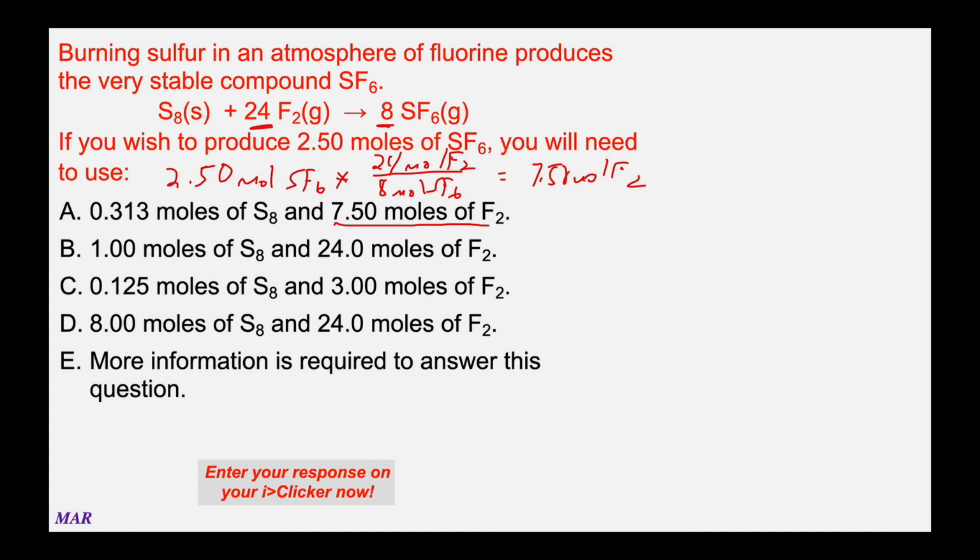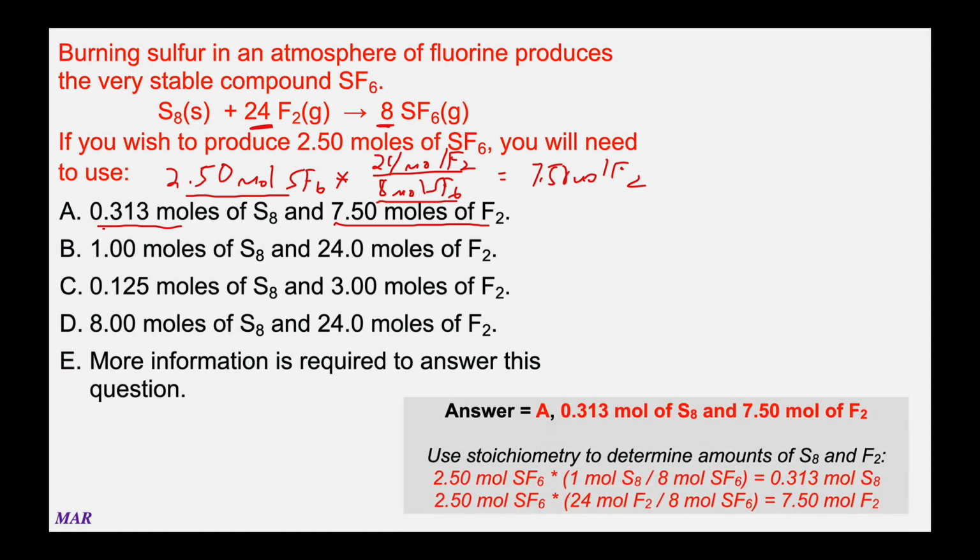Now, this number, 0.313, you should be able to get. You'd start with 2.50 moles of SF6. You'd still have 8 moles of SF6 on the bottom, but in the top, you would have 1 mole of S8. So 2.50 times 1/8, I believe, is 0.313.